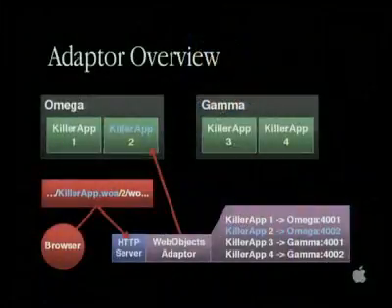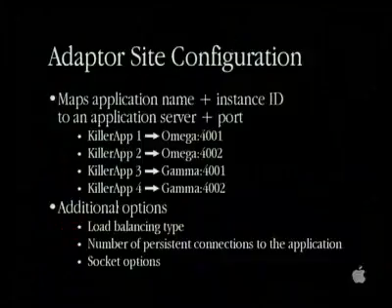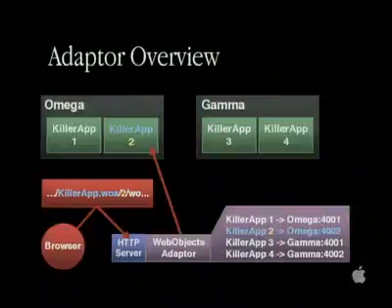The adapter then looks up in its host configuration and sees that killer app instance 2 is running on host Omega, port 4002. The WebObjects adapter then forwards that request to that particular instance running on host Omega, where the instance then processes the request and passes it back to the client.